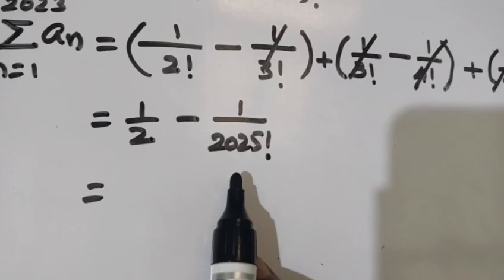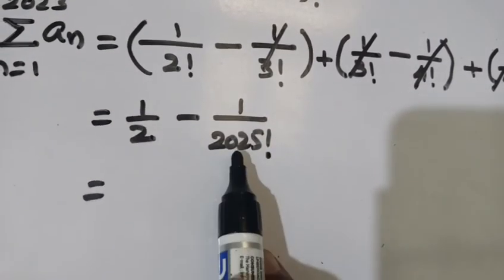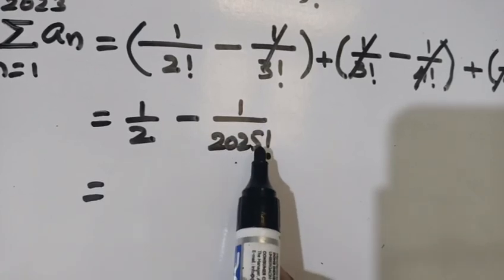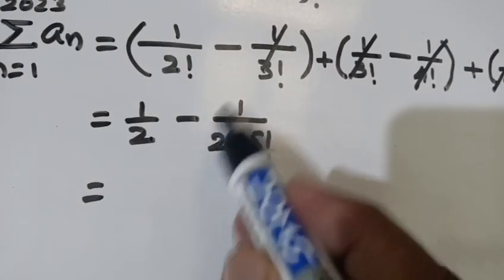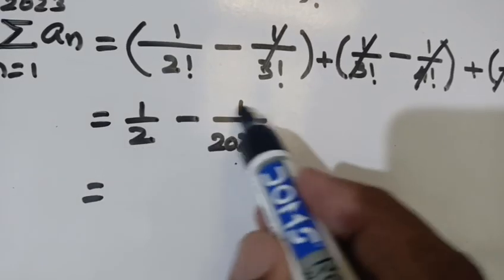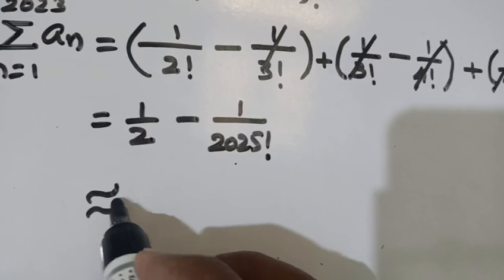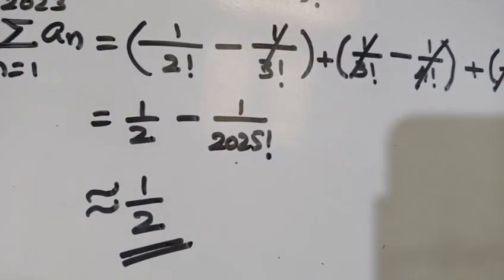See how rapidly the value of factorial is increasing when one natural number is increased. So 2025 factorial is a very big number, and 1 by a very large number becomes a very small number nearer to 0. So this value is almost 0. That means 1 by 2 minus a number which is very nearer to 0 is approximately 1 by 2. This is the simplified answer of the given problem.